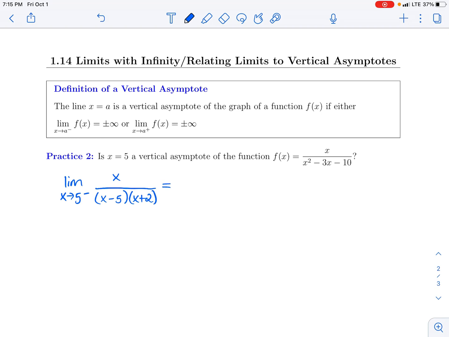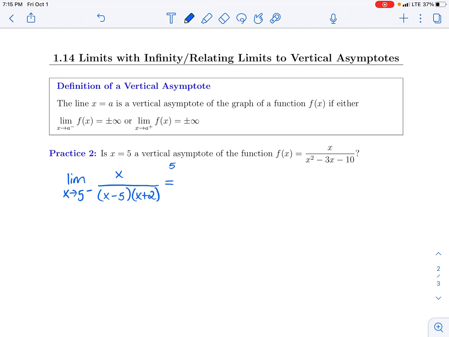And we know that if we plug in 5 into this function, I'm going to get 5 over 0, right? So hopefully we can see that. If not, you need to just do it off on the side. Plug in 5 and you will see that you'll get 5 over 0.